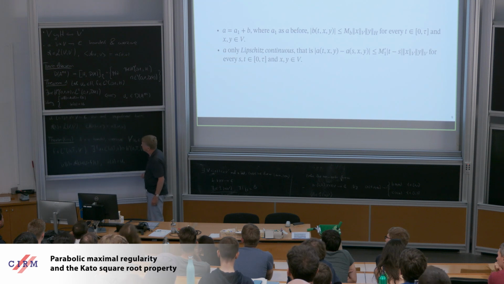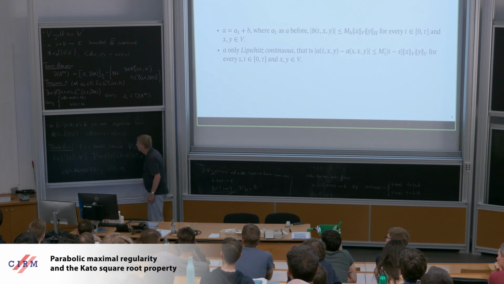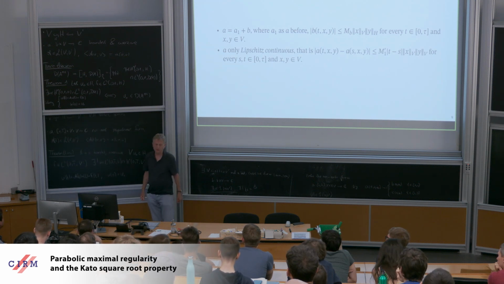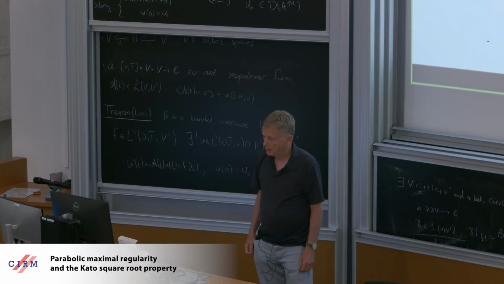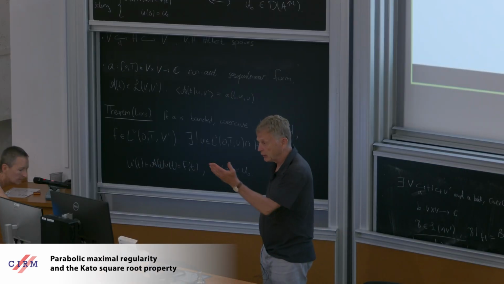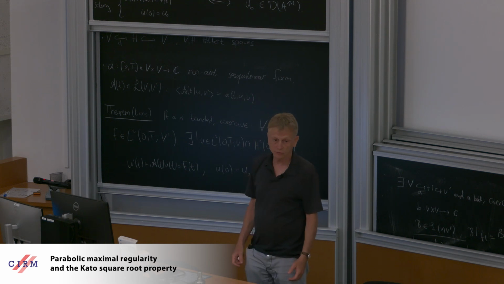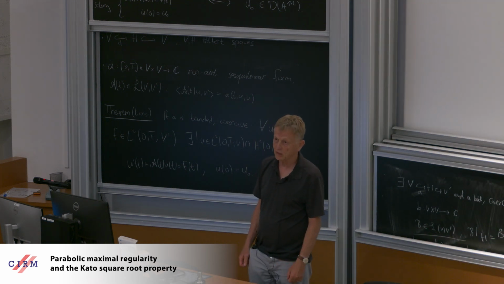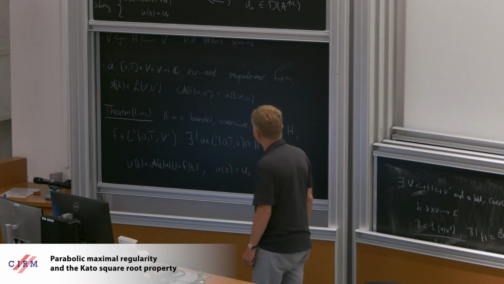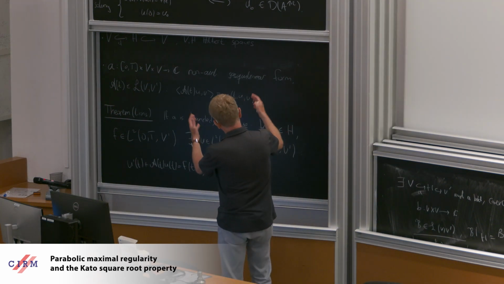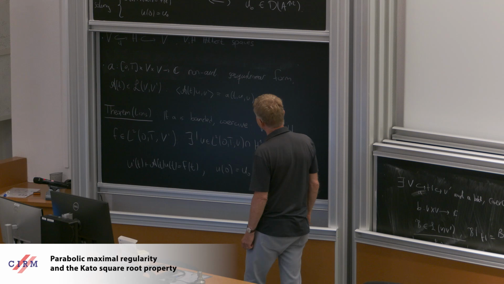So how did it start? Well, in the center is this theorem of Lions. First Manuel told us this theorem in the autonomous case, so the case where we have a semigroup, with no time dependence. Now let's look at this theorem again.